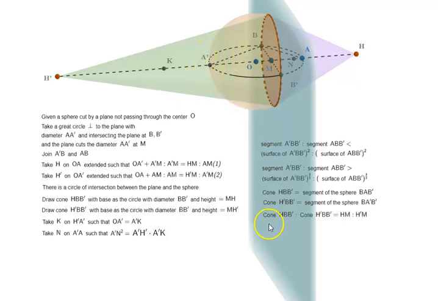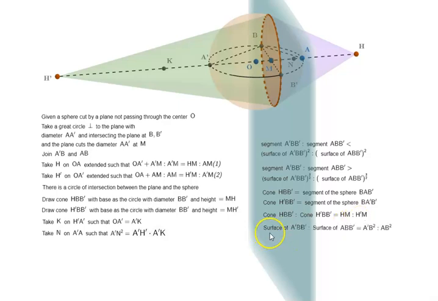And we know that cone HBB' is to cone H'BB' is equal to HM is to H'M. Why? Because cones with the same base are proportional to their heights. So here HM and H'M are the heights.